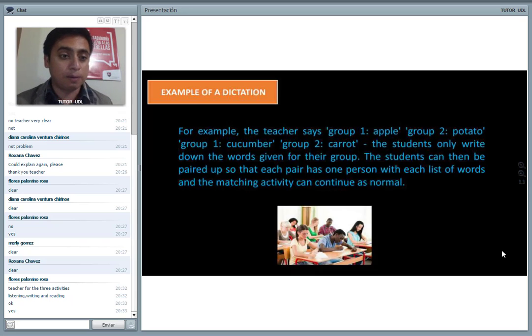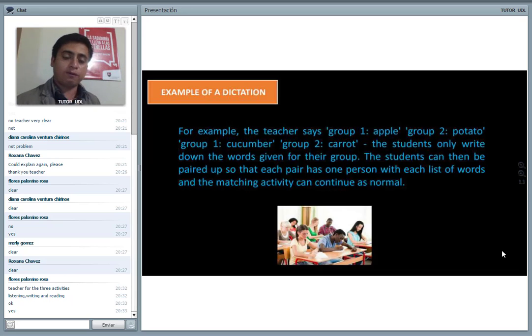So in this case, you avoid cheating, and then maybe the students are going to help each other because they are going to check what they have written. If they have any mistakes, maybe they can help and correct them.